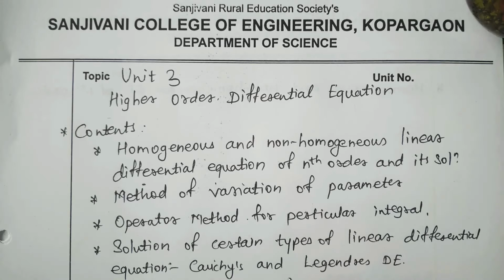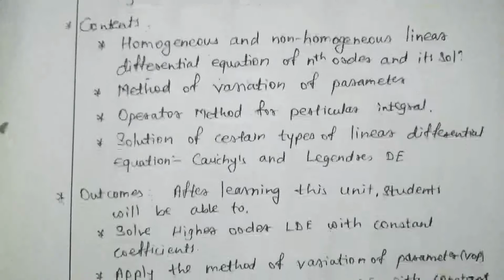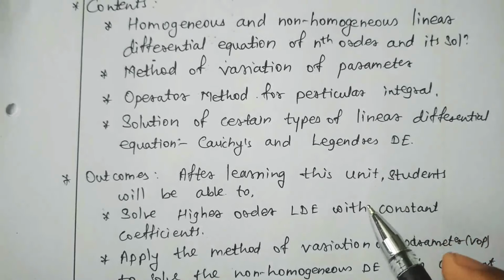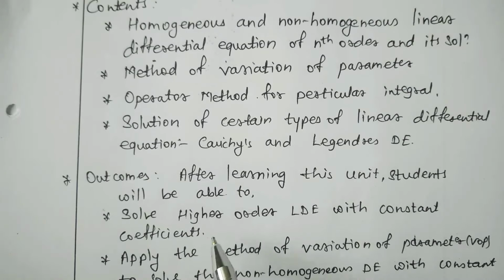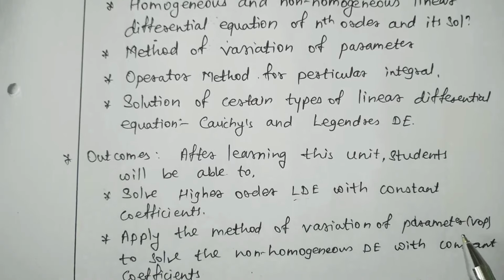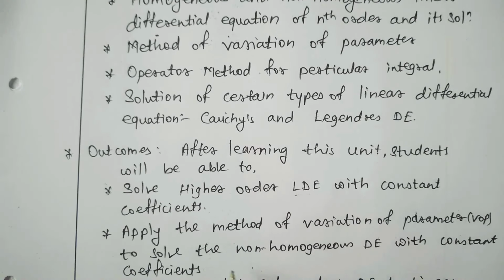Now after learning this unit, you will be able to solve higher order linear differential equations, in short we can say LDE, with constant coefficients. Also you will be able to apply the method of variation of parameters, in short VOP, to solve the non-homogeneous differential equation with constant coefficients.